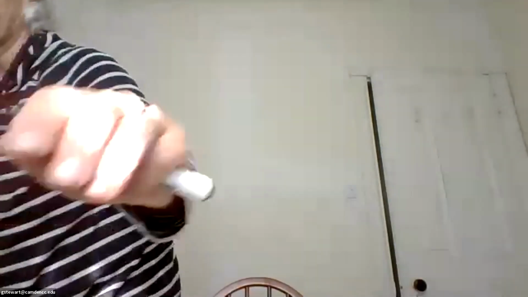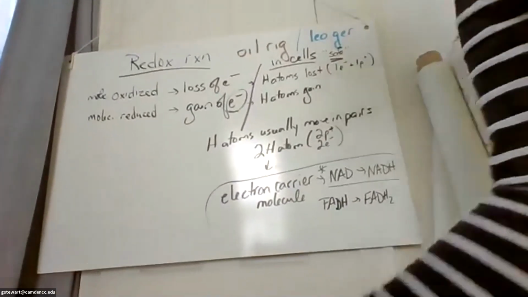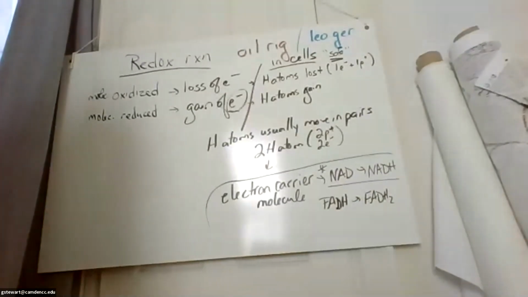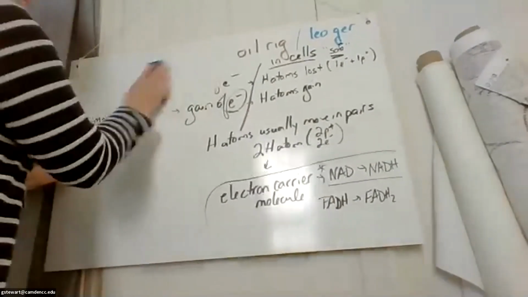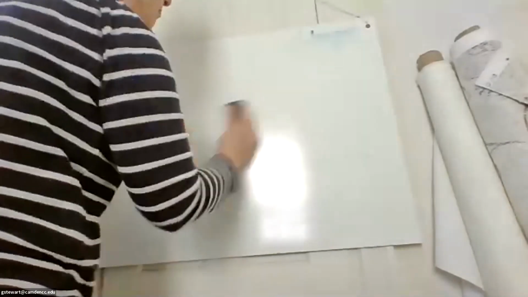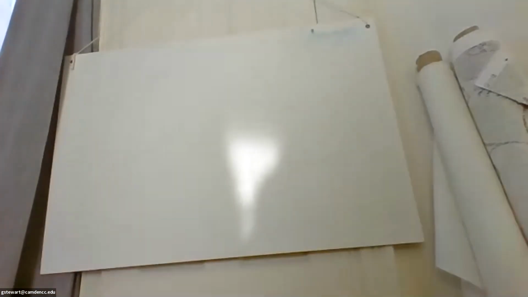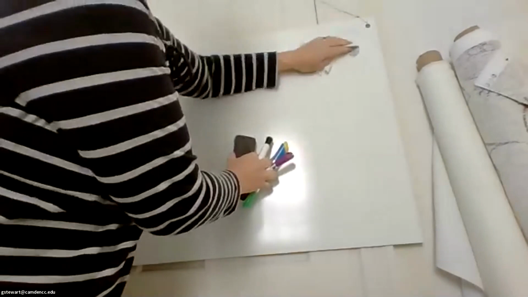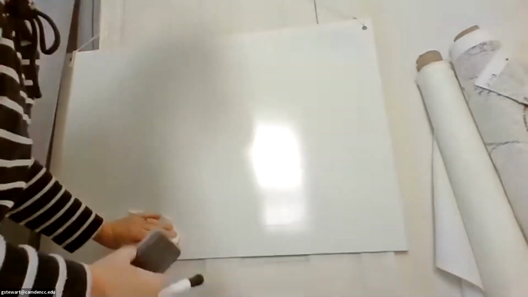So I'm bringing you here, and I'm going to erase. Looks like the blue one doesn't erase very well. Lucky for you, I have this. It's dry now, but it was right there. Where is it?